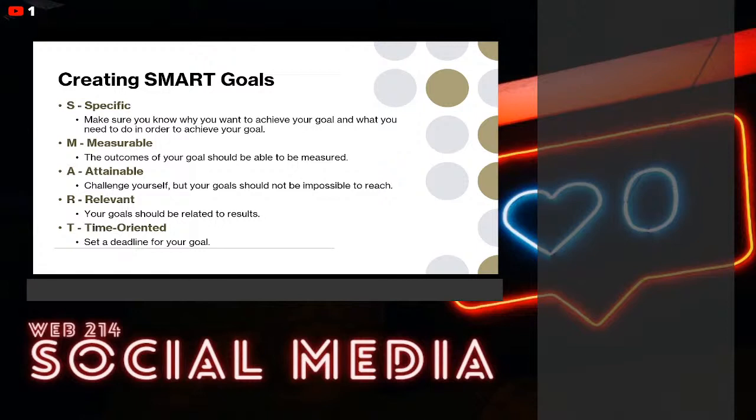And T is time oriented. Set a deadline for your goal. That deadline could be close, that deadline could be far away, but the thing about deadlines is that they always come. And if we set a deadline, that incentivizes us and moves us toward progression. Without a deadline, we can just spin our wheels.